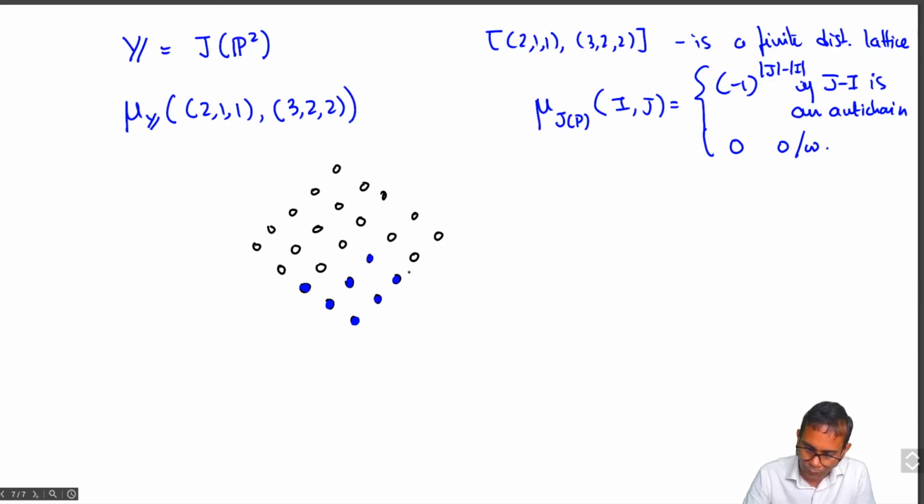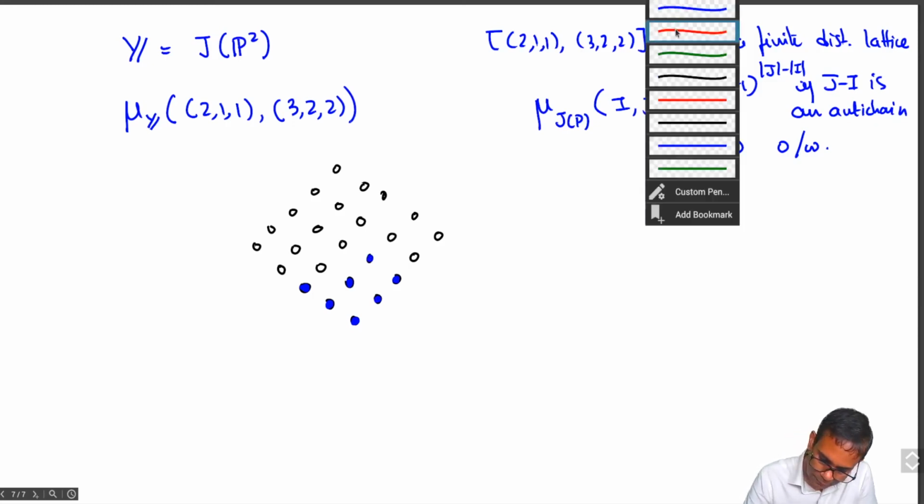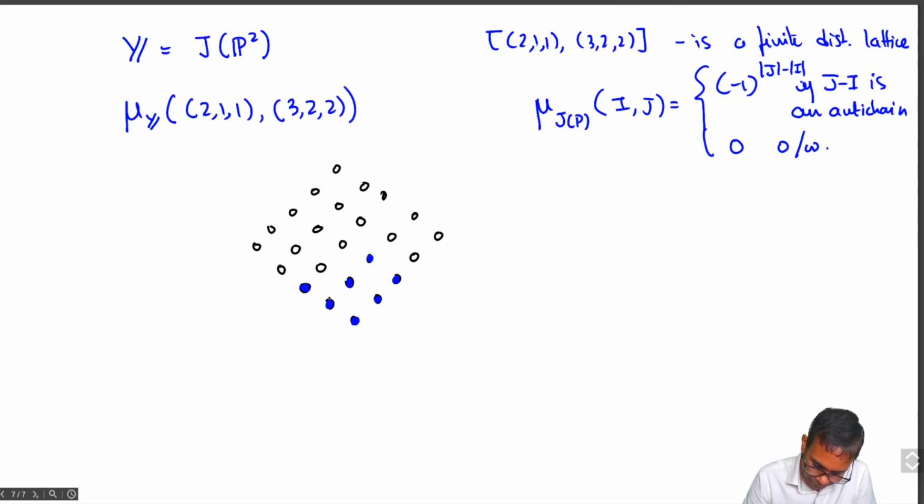And 211 is a subset, and it's given by this. And what you see here is that 322 minus 211 is certainly not an anti-chain, because there are these two nodes which are related. And so this here must be equal to 0.